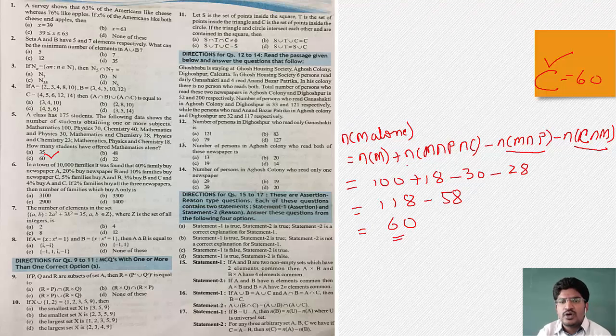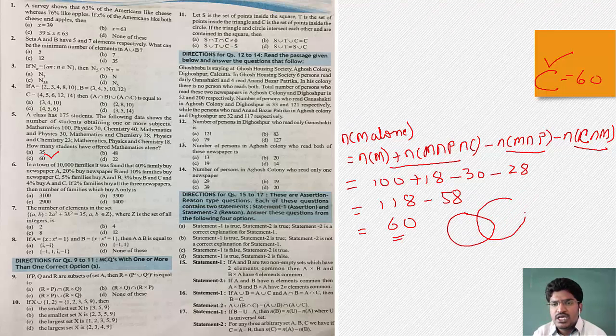Okay, why do we have to add this? Let us come to this. If you draw the Venn diagram of this, I will take this as n of M, this as n of C, and this as n of P. So this set will be completely M, clear? From M, what are we subtracting?